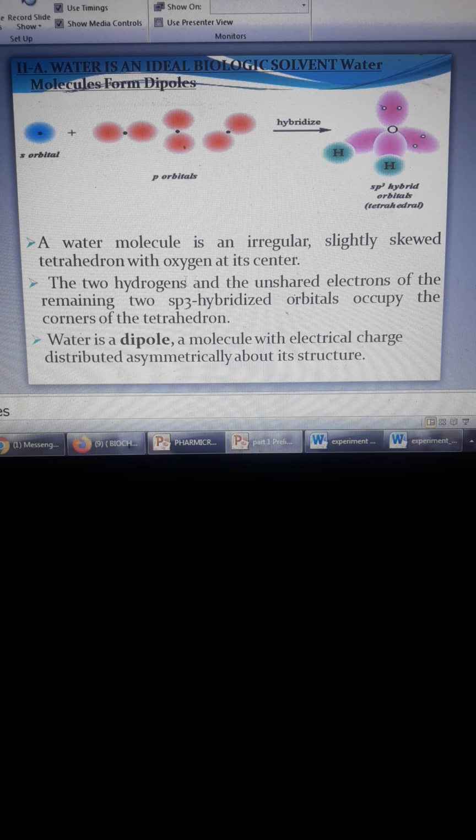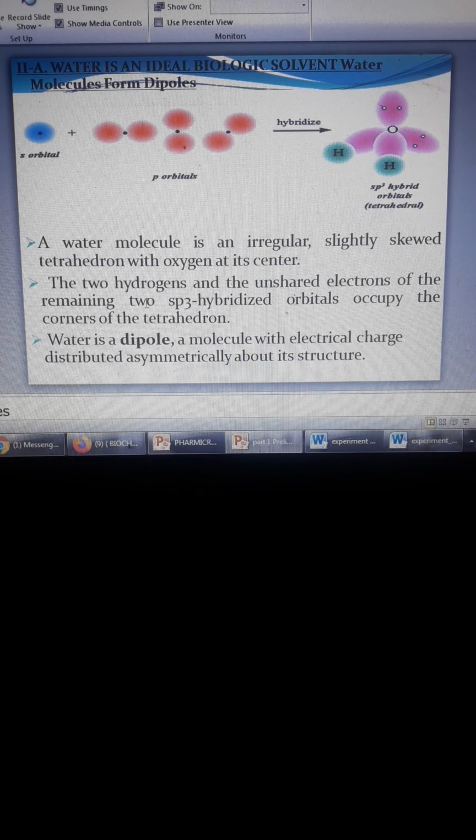So the two hydrogens and the unshared electrons of the remaining two sp3 hybridized orbitals occupy the corners of the tetrahedron. These are the two unshared electrons, known as the lone pairs. Usually other molecules will bond to the lone pairs or unshared electrons of the water.